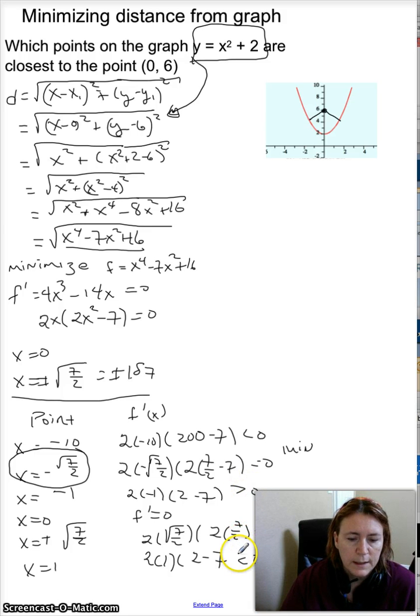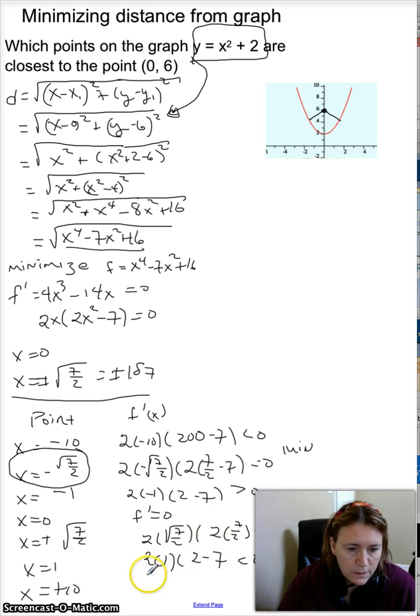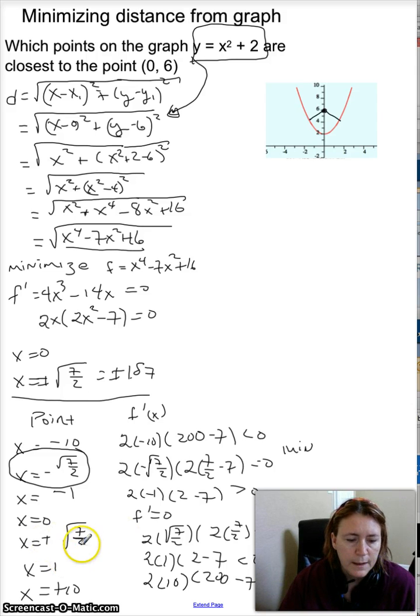So again, we're going from negative. And finally, let me look at x equals plus 10. So this is 2 times 10 times 200 minus 7, and this is positive, so again we have a minimum at x equals the square root of 7/2.